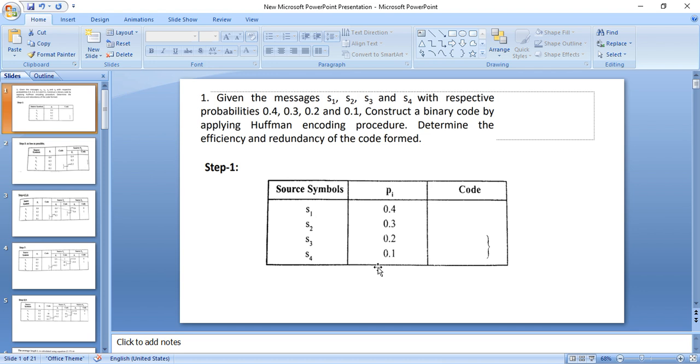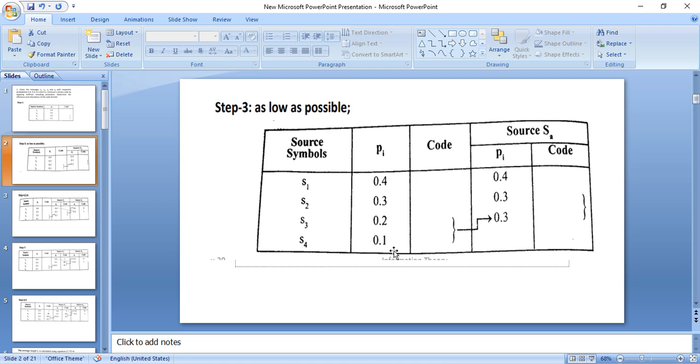I will explain the theoretical calculation. The curly bracket represents that we are combining the lowest probabilities first. After adding these two lower probabilities, 0.2 plus 0.1 becomes 0.3, and we keep the probabilities in decreasing order. One more thing: the Huffman coding procedure has two ways, one is as low as possible, the other is as high as possible.